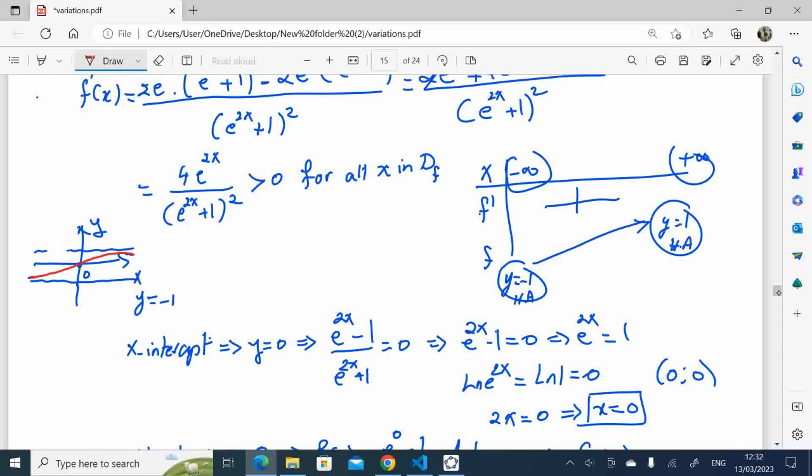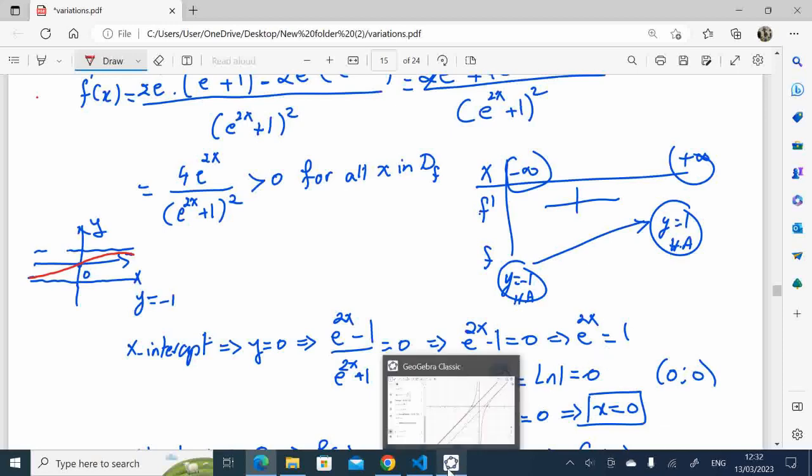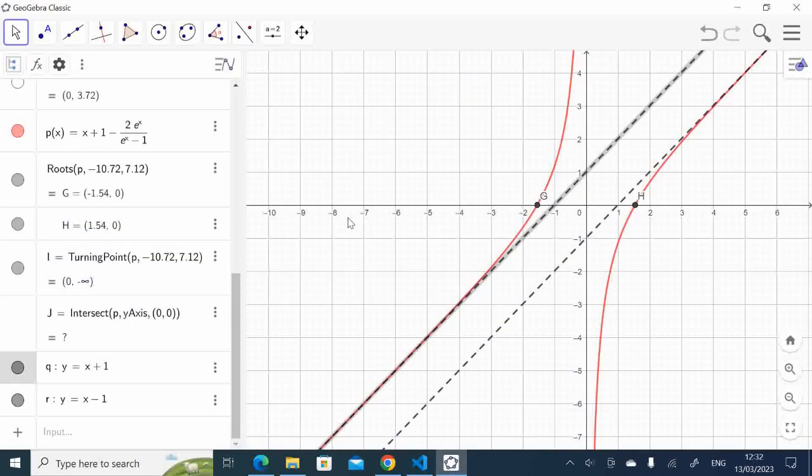If I want to check this graph with a better graph on GeoGebra, let us try to work this using GeoGebra.